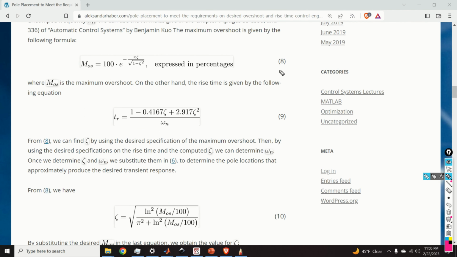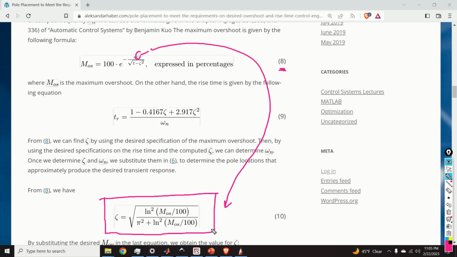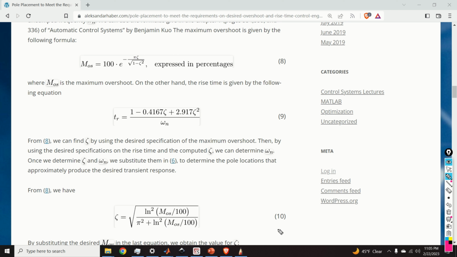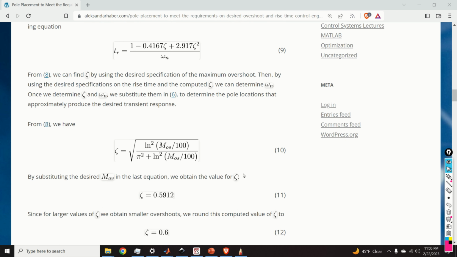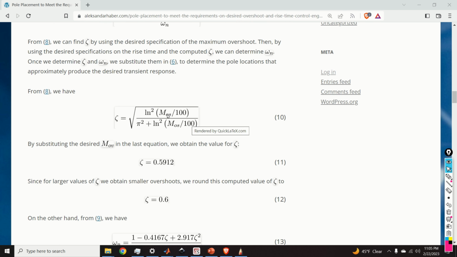From the equation number 8, we can express the damping ratio zeta, and as the result, we obtain the equation number 10. Now, in this equation, we can directly substitute the value of the maximum overshoot. So if we substitute here 10%, we obtain this value of zeta.